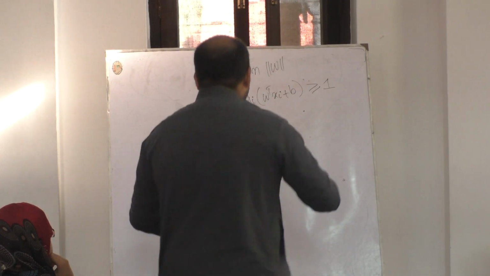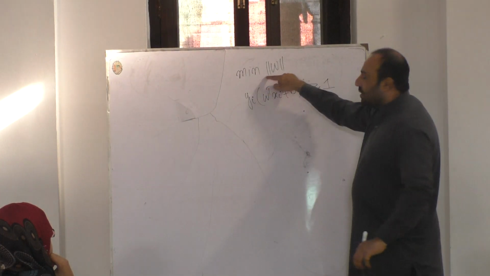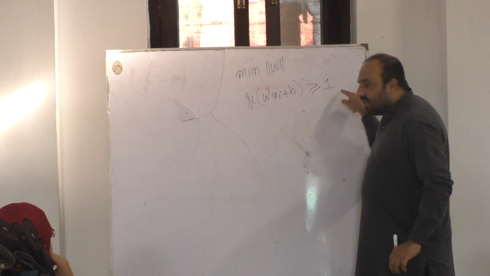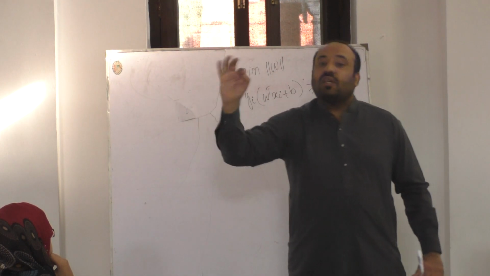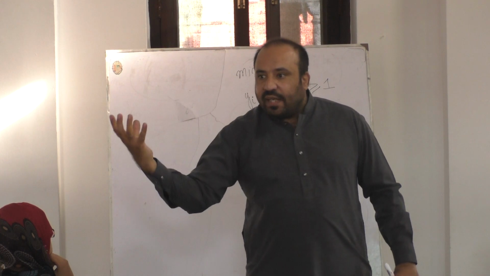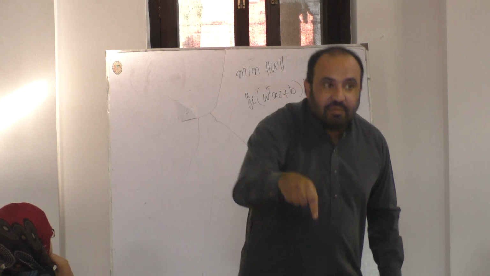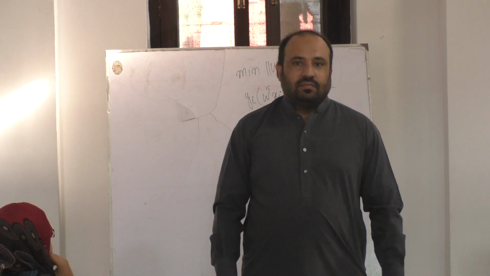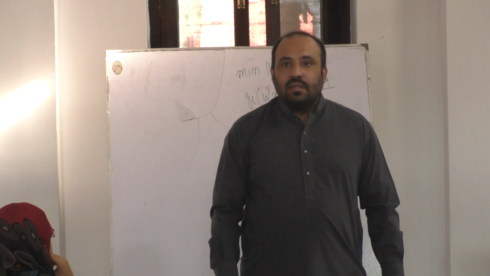We scale W1 and B1 accordingly so that the numerator becomes 1. ये numerator लिखे हैं. This is numerator. We fix the numerator for all 5 planes for the closest point to 1, and then see for which plane the W norm is minimum. Make sense? Yes. Yes, no?